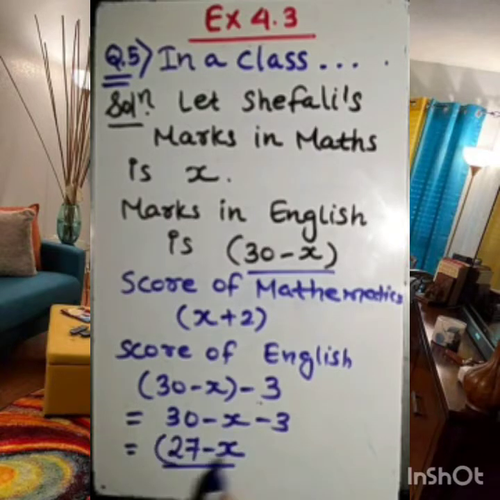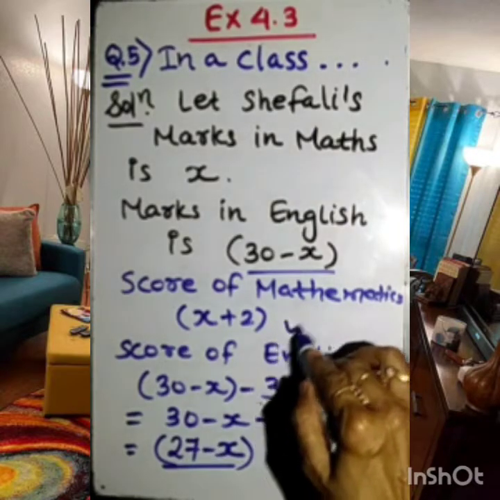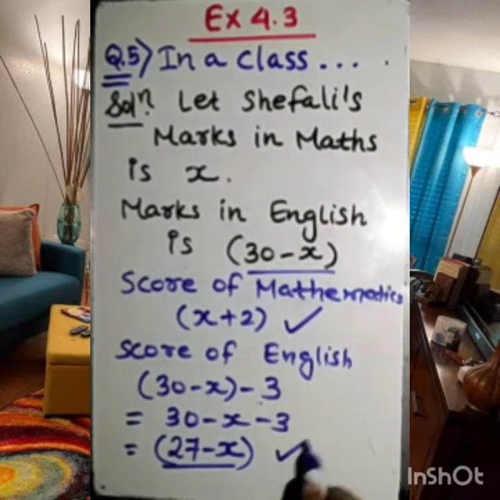Okay. Now let's take the product of both of these marks. According to the given condition, they asked us for the product of their marks. Product of their marks means X plus 2 will be multiplied by 27 minus X. Let's work out further.